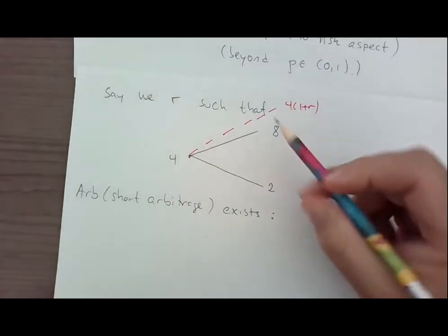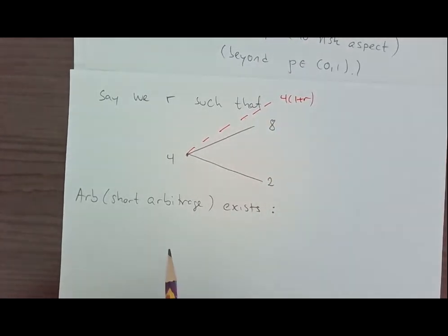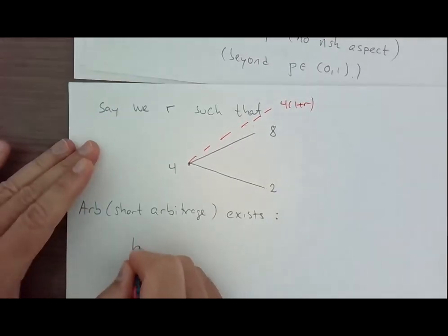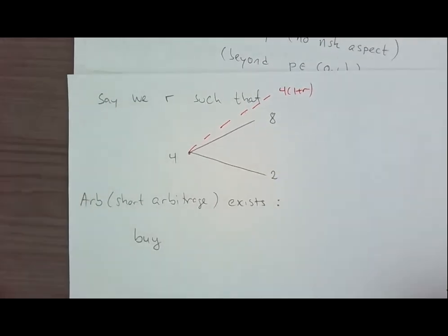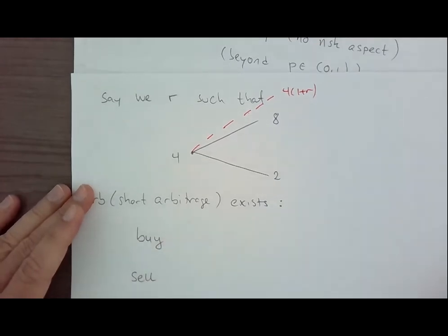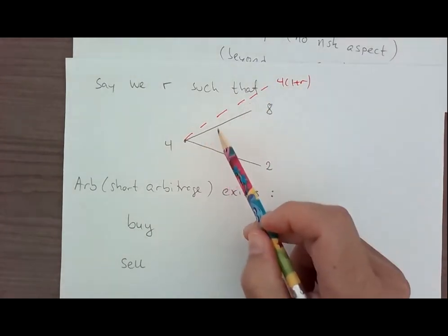Do you want to buy or sell the bank? And do you want to buy or sell the stock? Which one should we buy? And which one should we sell? Should we buy the cheap one or should we buy the expensive one? Should we buy the red line or should we buy the pencil?